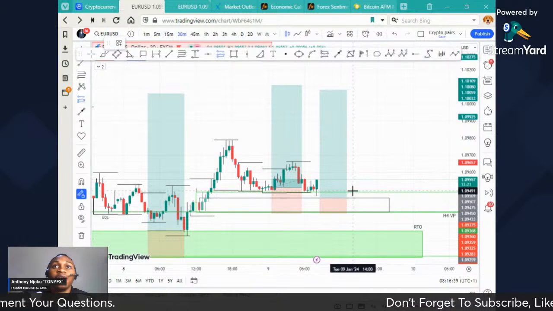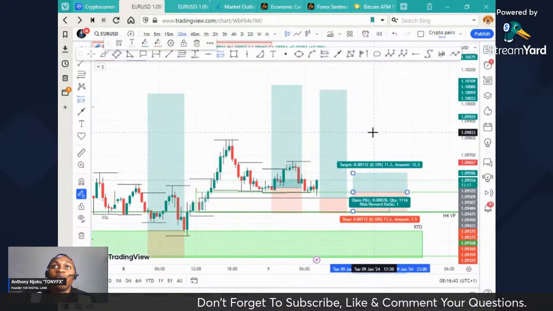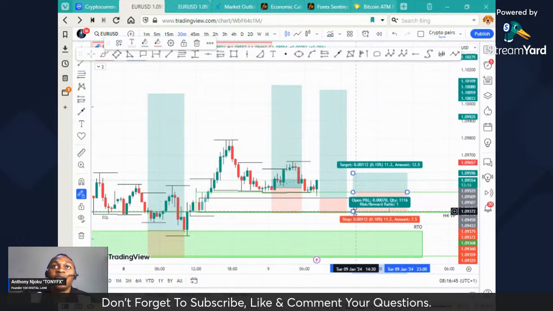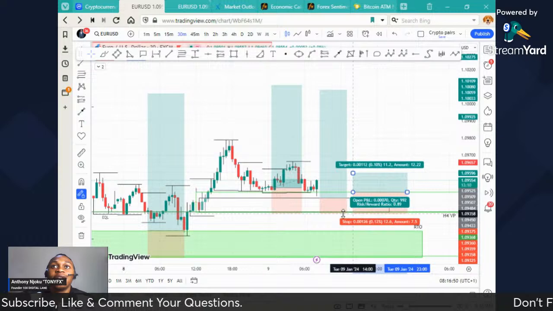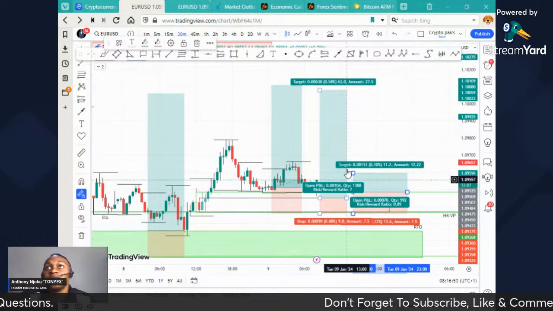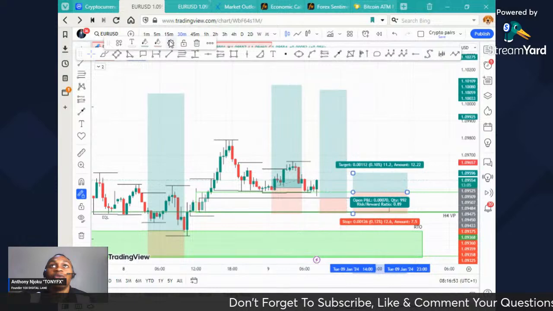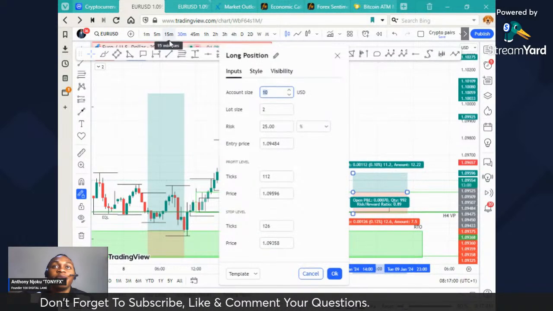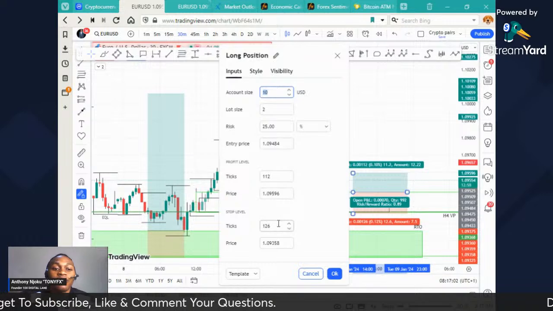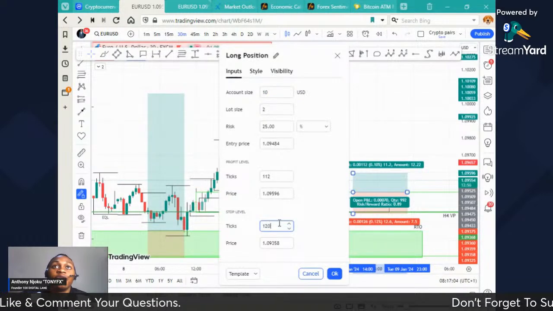Okay, if I'm to refine the 45 minutes refined order block more, the stop loss we get could be lesser than 15 pips. I can see over here, okay, let's say this is 12 pips. We'll give it 12 pips. That's what I see currently, 12 pips.